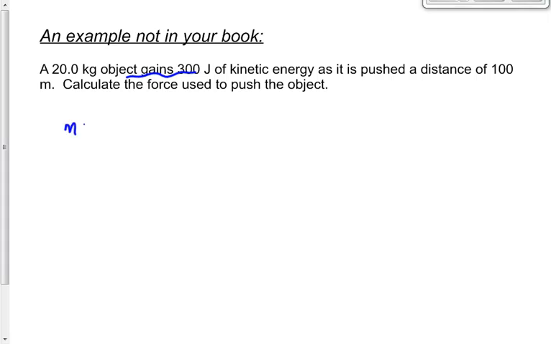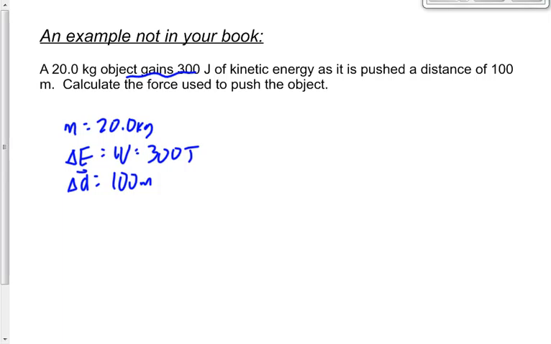We have a mass of 20 kilograms here. We have a change in energy, or a work, of 300 joules. We have a displacement of 100 meters. We want to find the force. We know that work is equal to delta E, and we know that it's equal to F times D. And we know there's a cos theta on the end of it sometimes, but we're going to assume here that we're pushing it in the same direction that it moves.